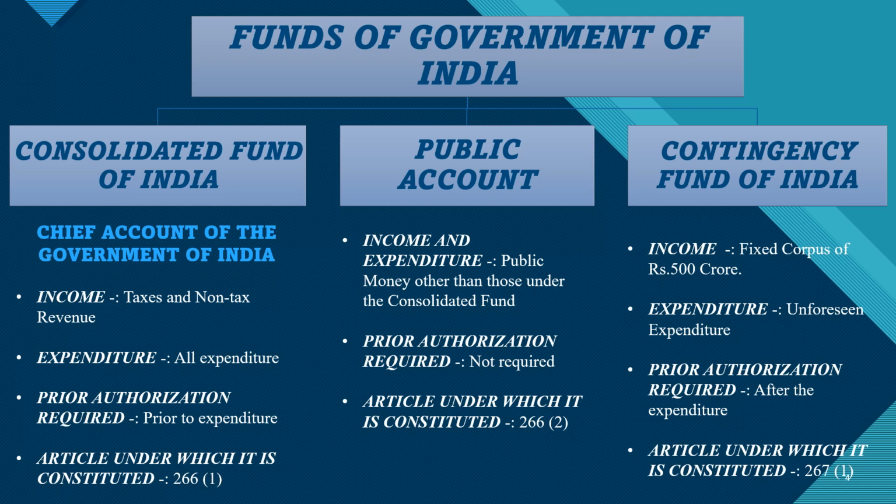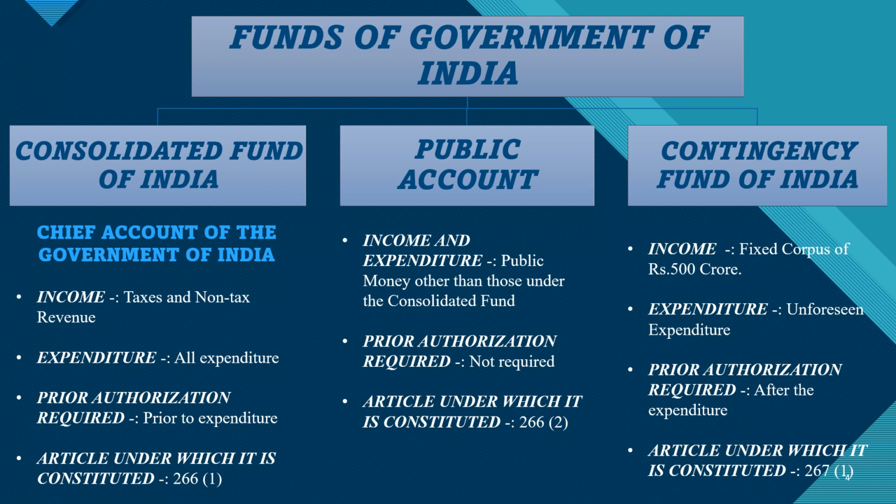This is constituted under Article 266(2) of the Constitution of India, and all the other public money, other than that which the Consolidated Fund of India constitutes, received by or on behalf of the Indian government, is credited to this fund, that is the public account.